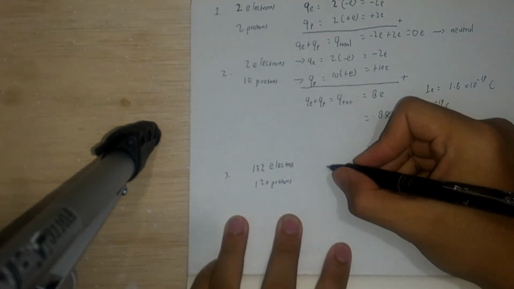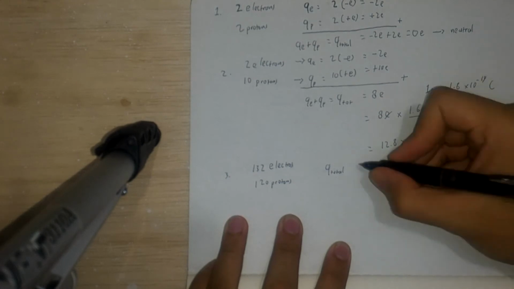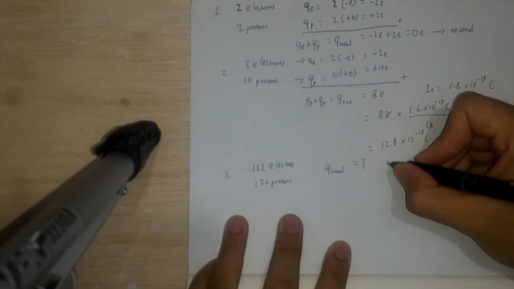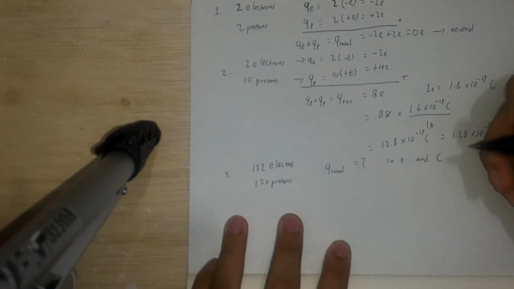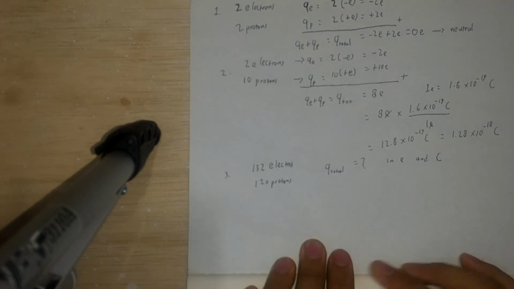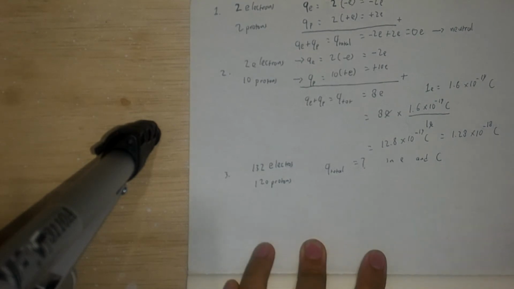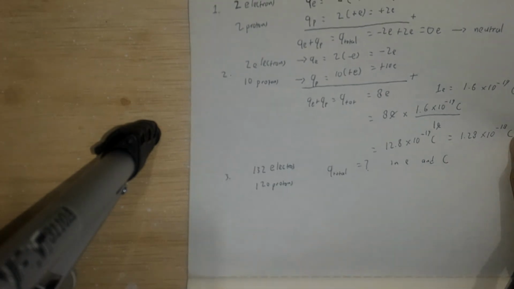What is the Q total or Q net in electron and coulomb? That's the homework. Okay, so that's how we calculate the charge of an object.